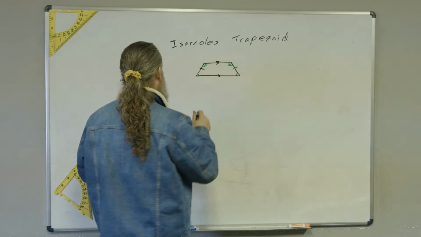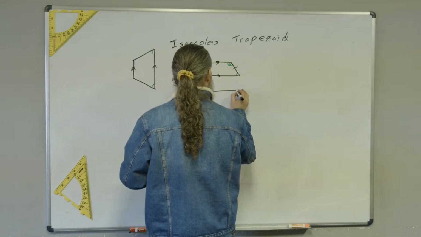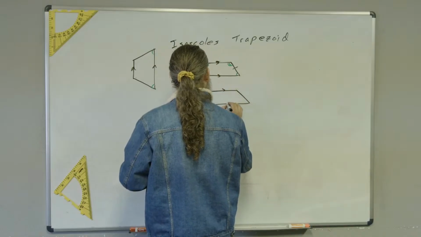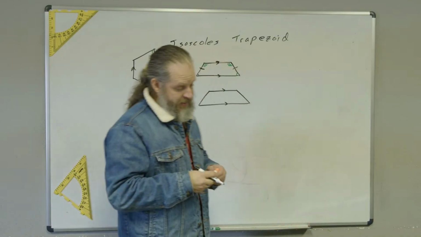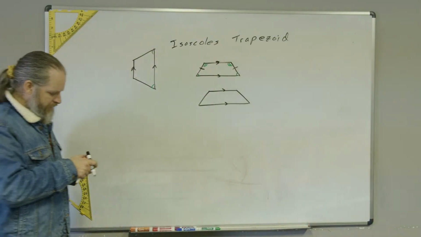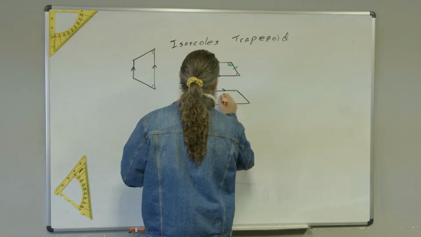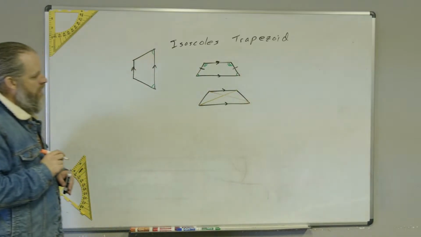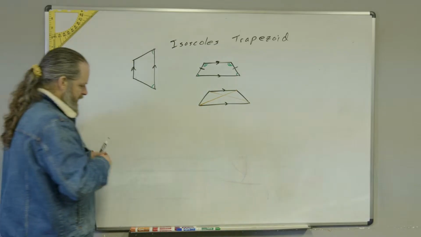Another theorem related to isosceles trapezoids is that it is an isosceles trapezoid if its diagonals are congruent. Okay. Now, not all trapezoids have congruent diagonals, right?